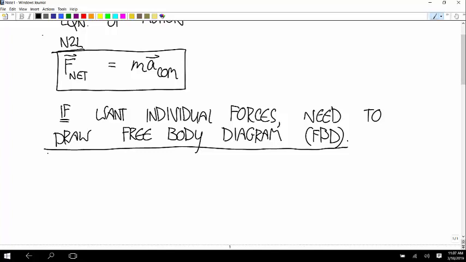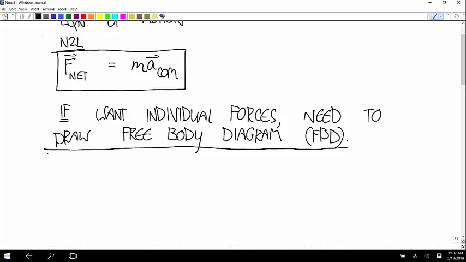It's to set you up with good habits for when you start doing more complicated problems as your engineering time goes on. And so yes, if you get the right answer without a free body diagram or with mistakes in your free body diagram, you'll lose points for that. But the reason is that I consider this to be a very important habit to get into now. So don't forget these. A free body diagram.